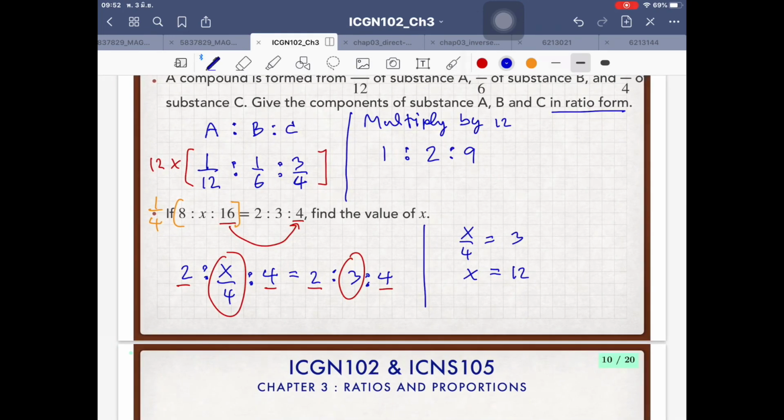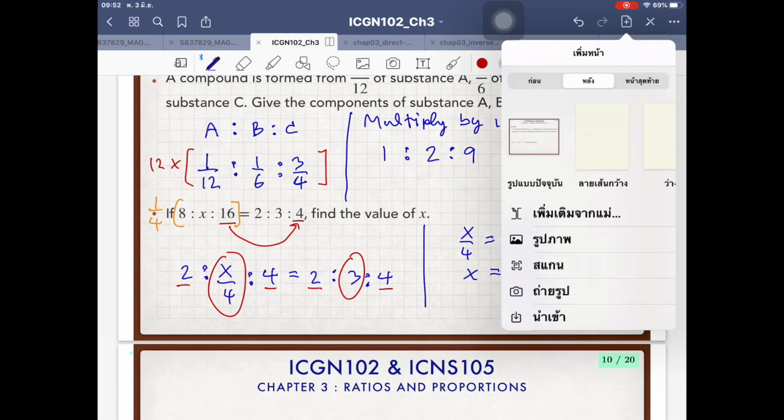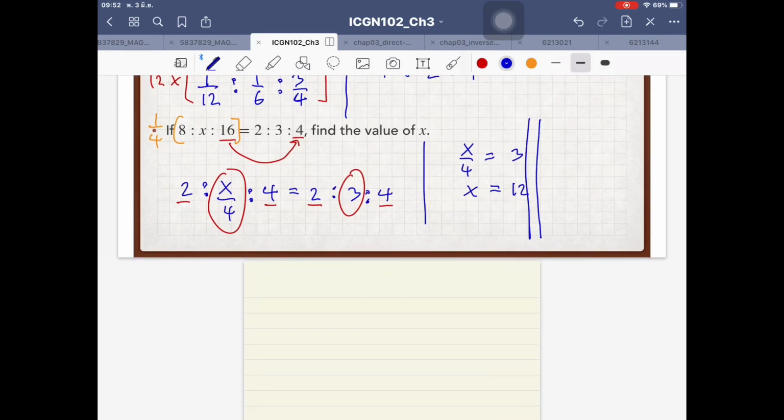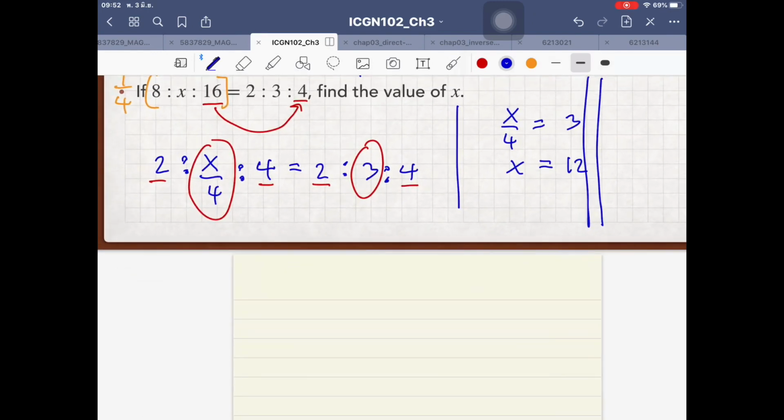All right, or you can do it in this method. We start from the same ratio on both sides again. But here, how about if we start from 4 and we want to get to the number 16? It means that we have to multiply by 4.